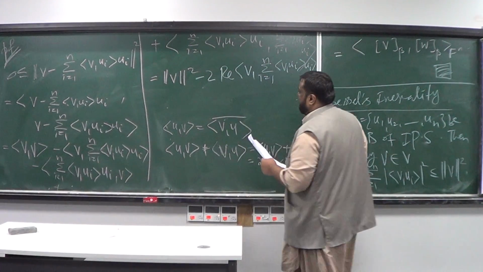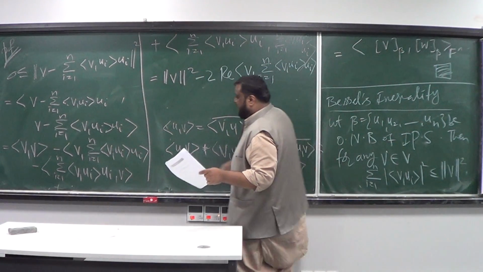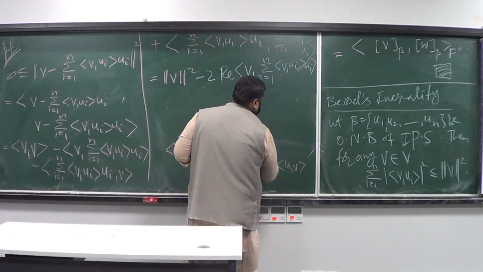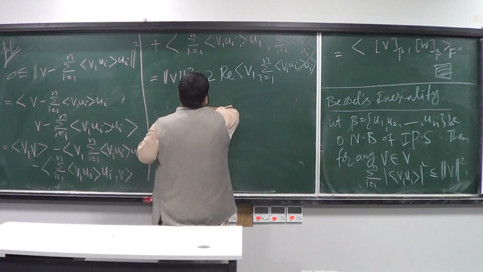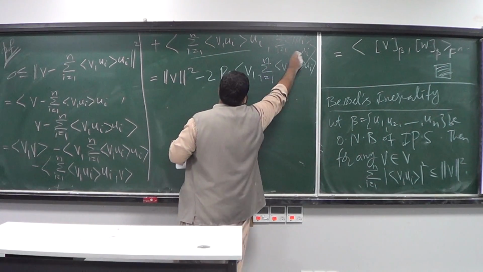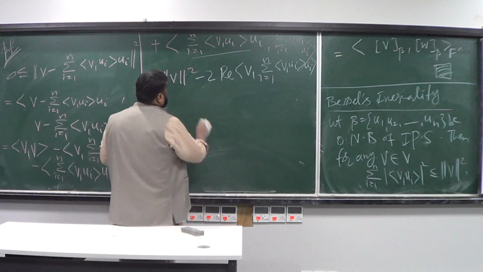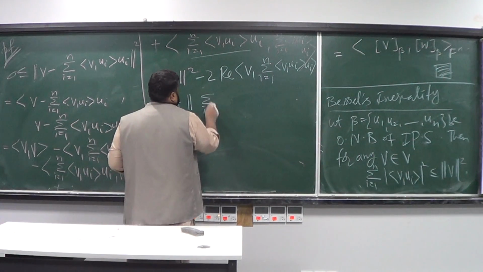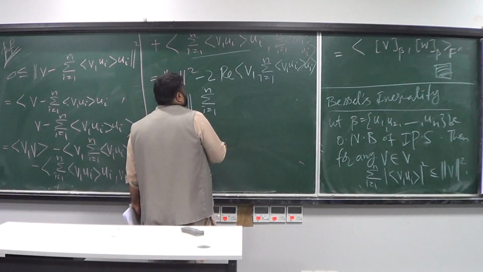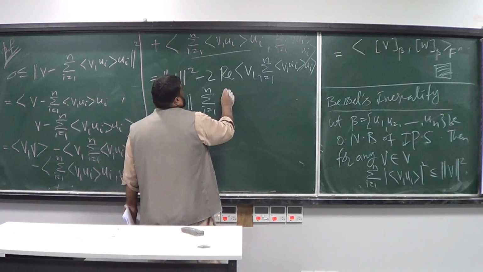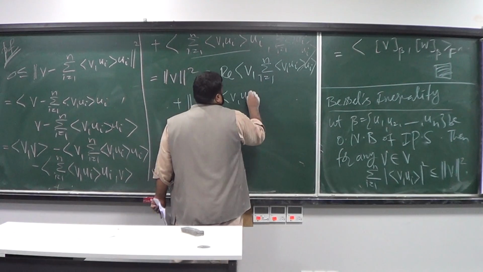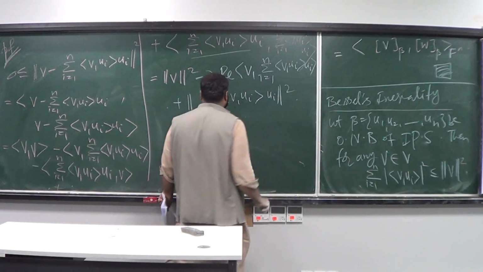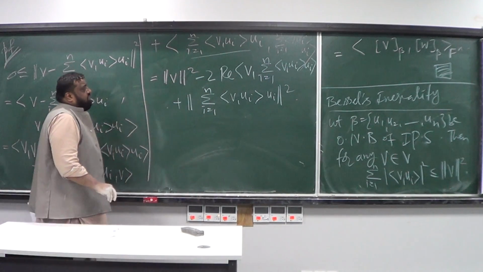Okay, this is what you're going to get. And the last term is obviously going to be the square, because in the inner product both vectors are the same, so this would be equal to plus the norm of the sum from i equal to 1 to n of (v, ui) ui, squared. Okay, so this is what you're going to get.